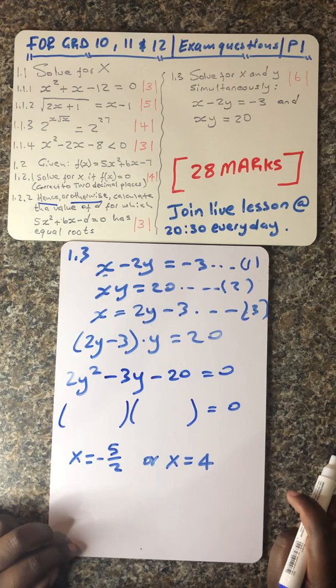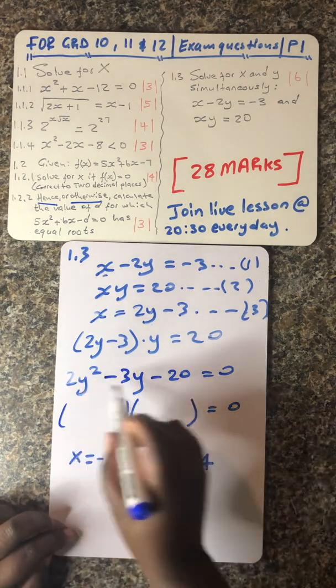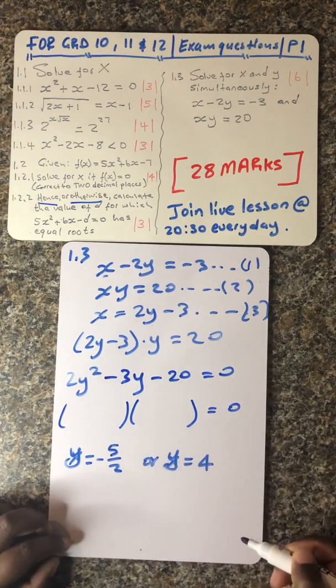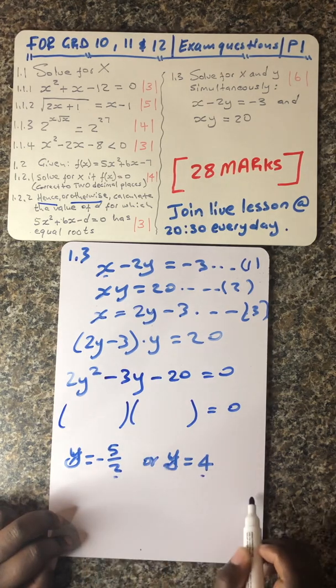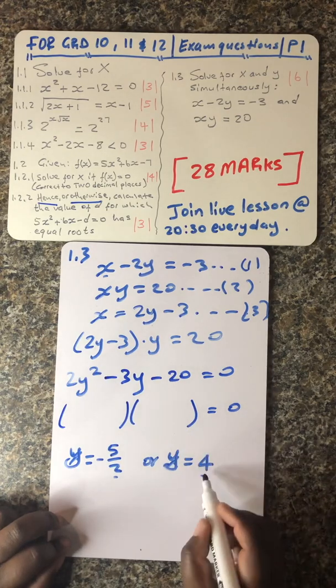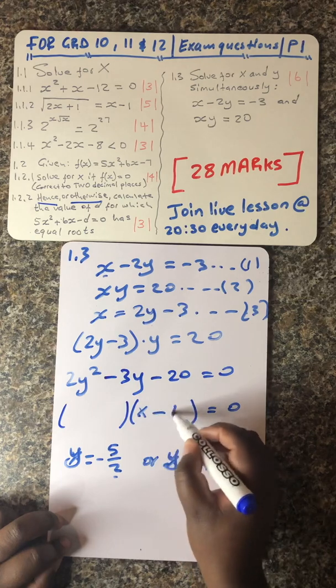Sorry guys, I mean not x but y. It's actually supposed to be y there. So these are my final values when I factorize this equation. In brackets, I just write these. It's y minus 4.